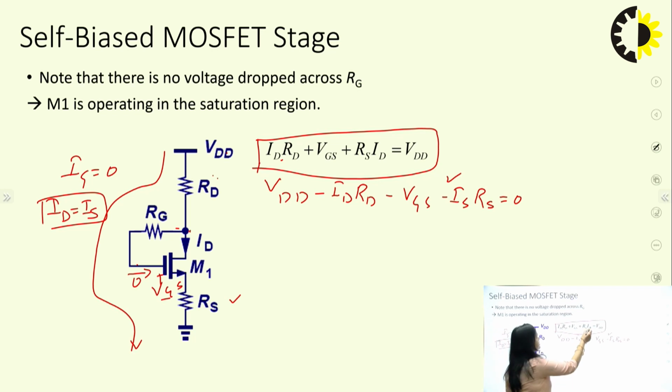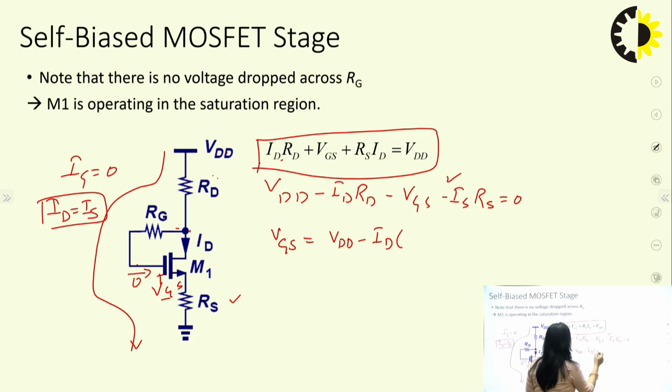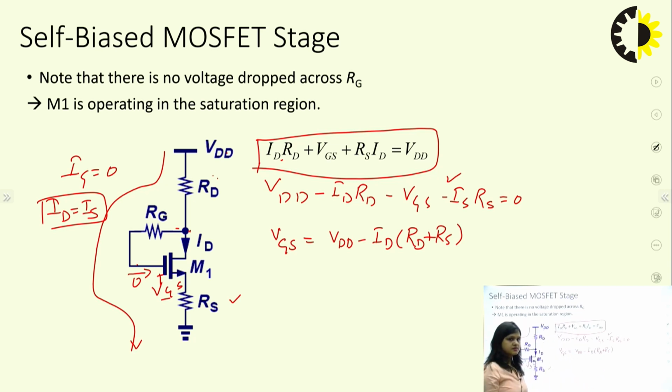From here, you can calculate the value of VGS, which equals VDD minus ID times (RD plus Rs). In the previous case, the value of VGS came out equal to VDD, but in this case, VGS equals VDD minus ID into (RD plus Rs).